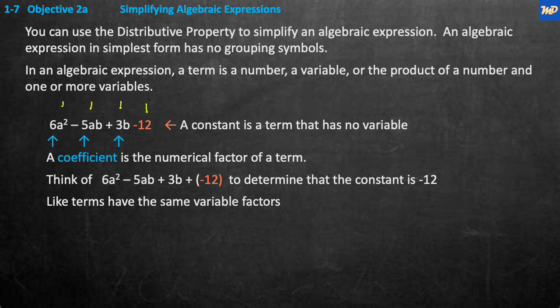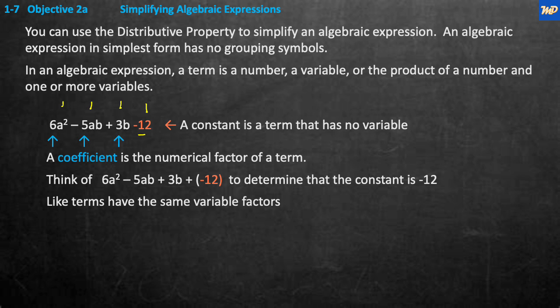That's the expression we're going to look at. A term can be a number. This constant right here is a number. The minus 12 is a term. So a constant is a term that has no variables. You see, it's just 12, not 12a or 12b, just the number.